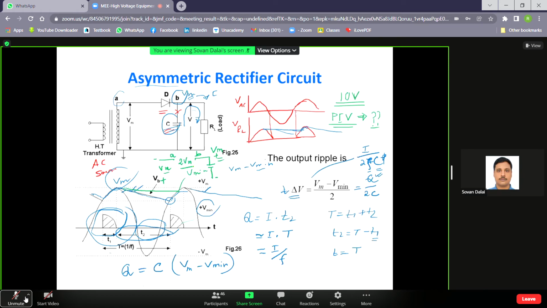Is it clear to all of you? During the reverse bias condition, maximum potential across the terminal a and b is twice vm, and this is basically called the peak inverse voltage of the diode.